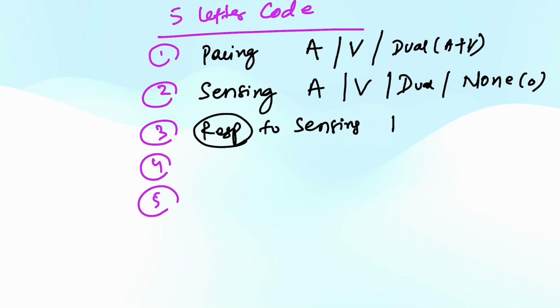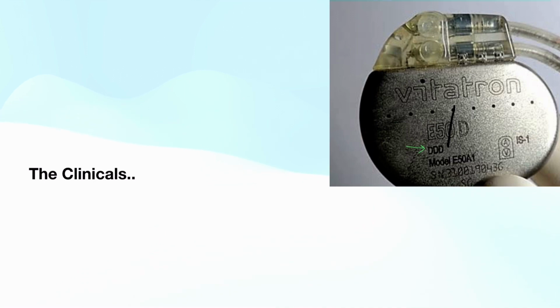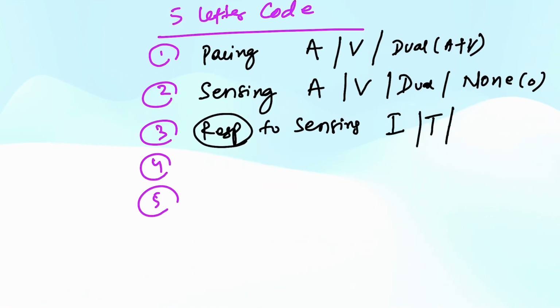It can be inhibited, triggered, or, depending upon the scenario, both triggered and inhibited, which is dual, or none.